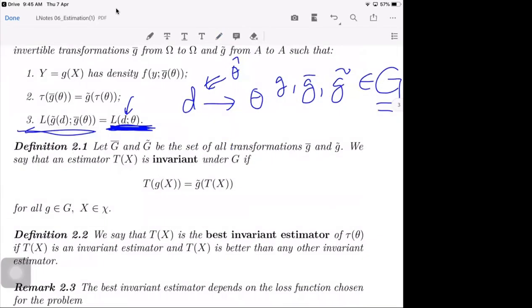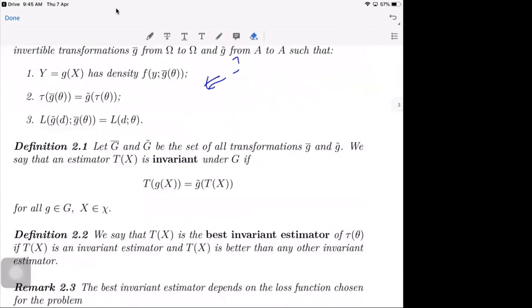So to test whether an estimator T of X is invariant, mo ni at imuhang mga set of transformation or group of transformation. Let capital G bar and capital G tilde bar be the set of all transformations of G bar and G tilde. We say that this estimator T of X is invariant.